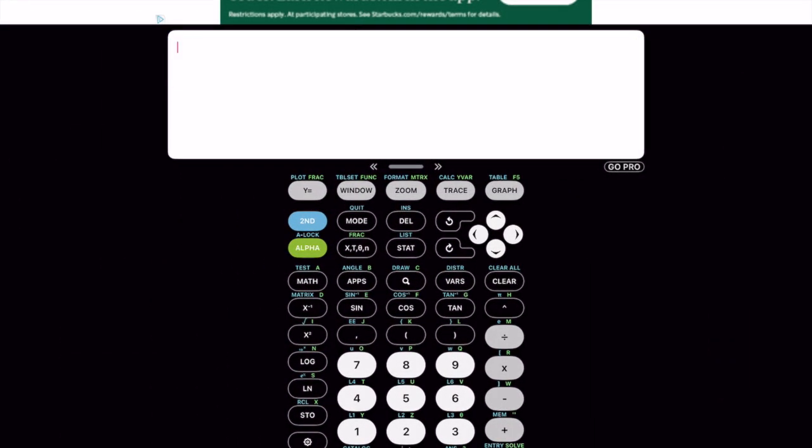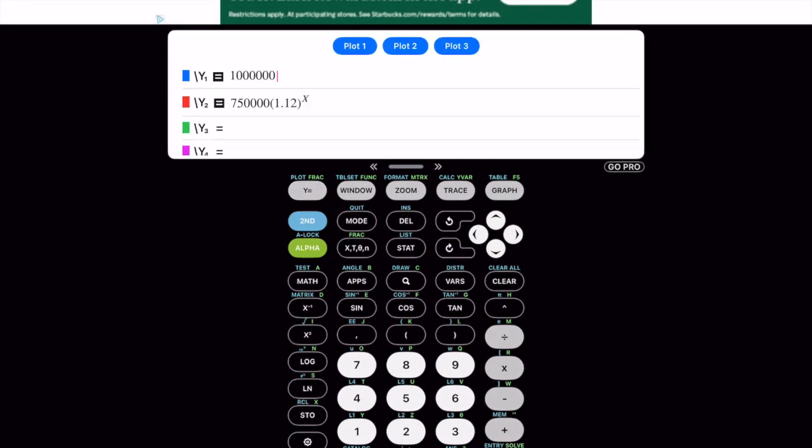So clear everything out. And then 18,000. And then it's going to be 36,000 times 0.917 raised to the x, and then hit graph.